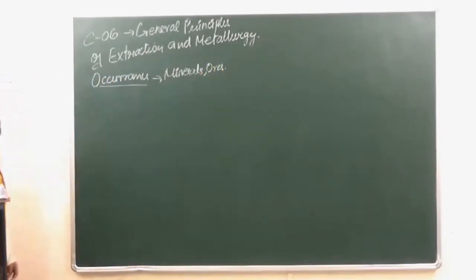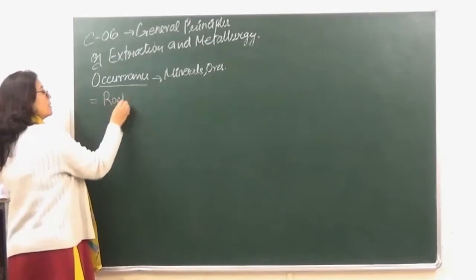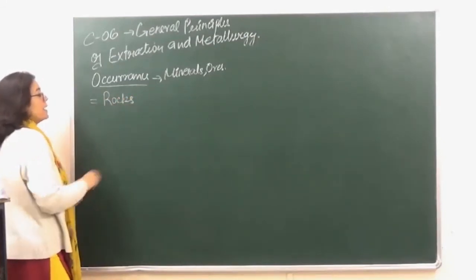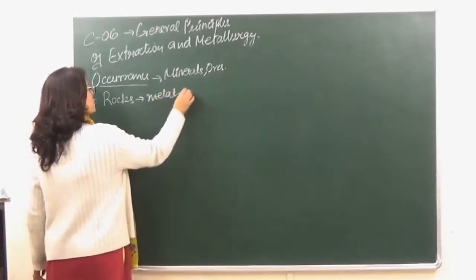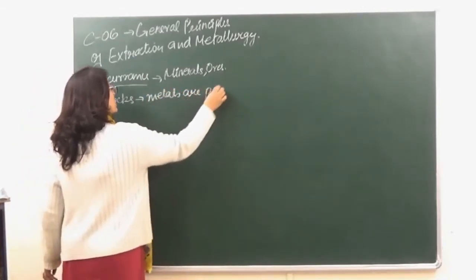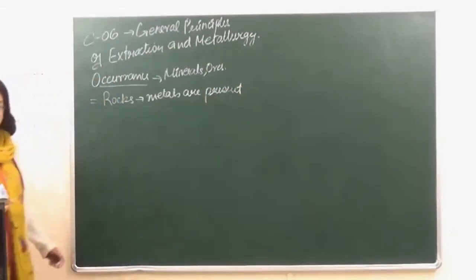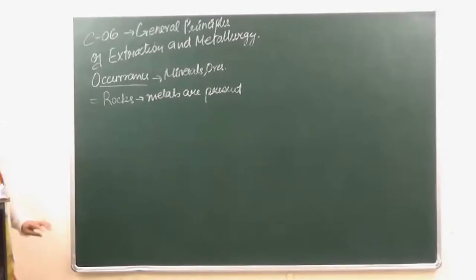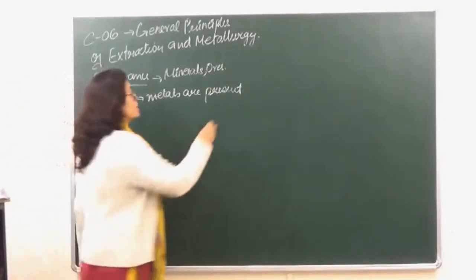Minerals and ores, right? Now the rocks, we are saying what are minerals? Minerals, they are rocks in which metals are going to be present. Rocks in which metals are going to be present in the combined state, they are known as minerals.